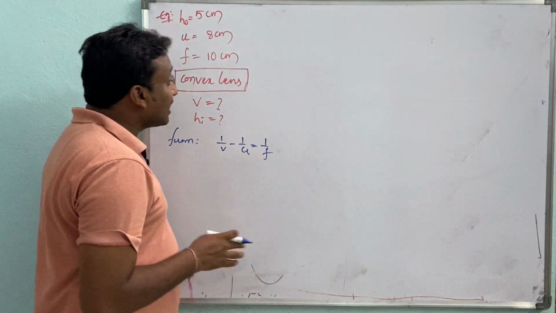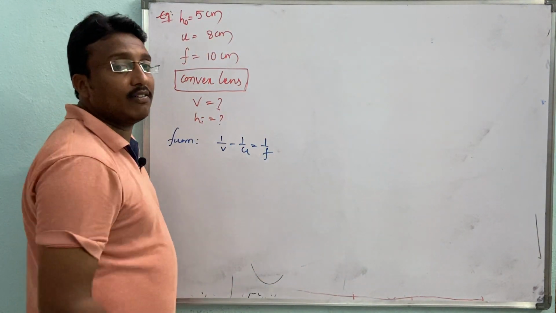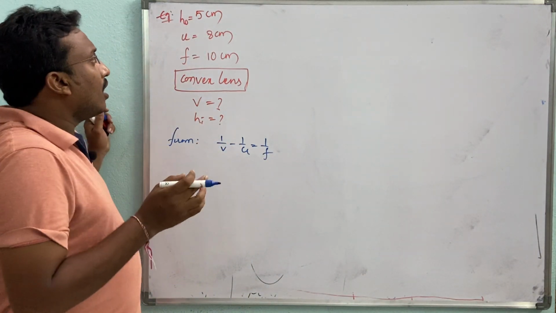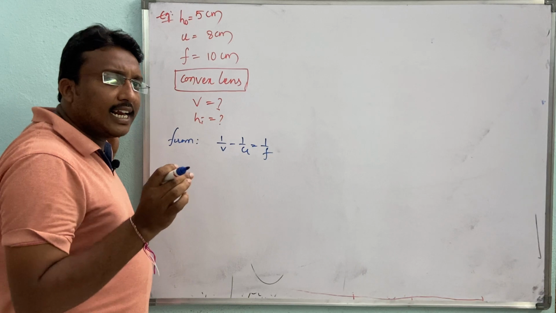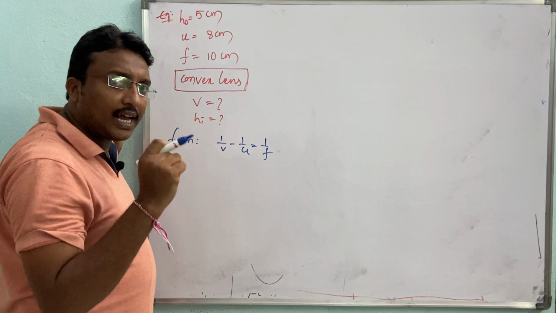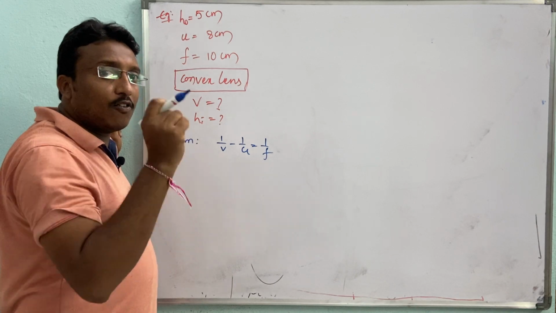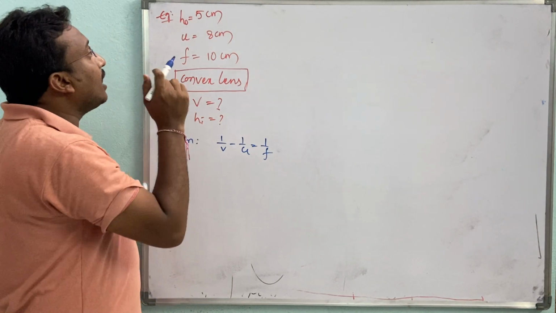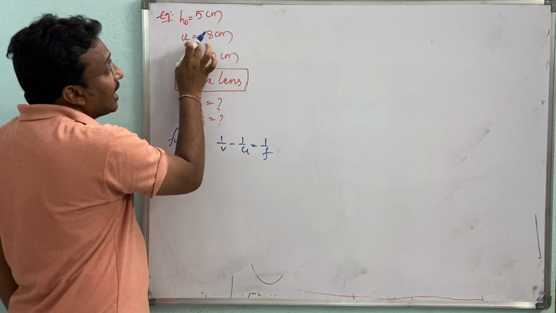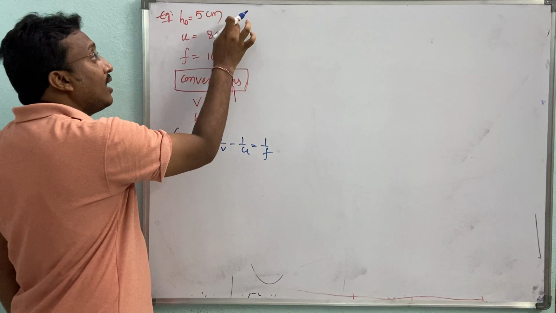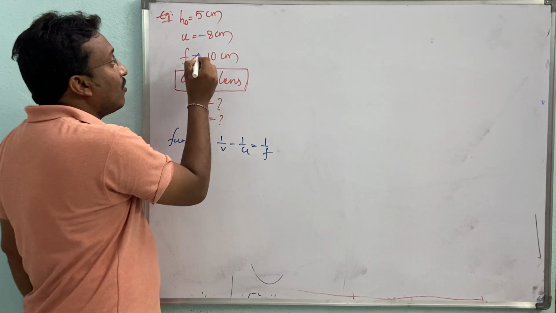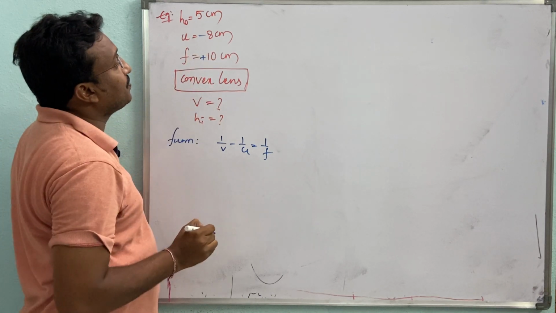While solving this problem, we have to follow some more rules. What is that? While doing the problem, we have to take the sign convention for known values only. Here I know the object distance, so I take the sign convention for that known value. Object distance becomes negative, focal length becomes positive, right?